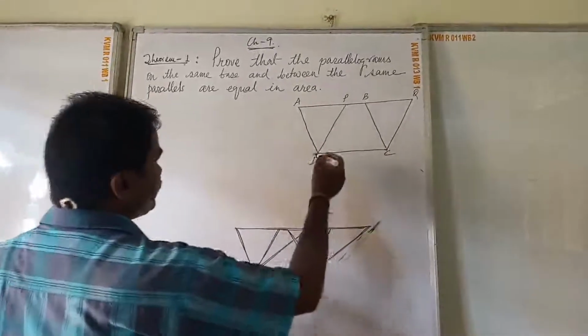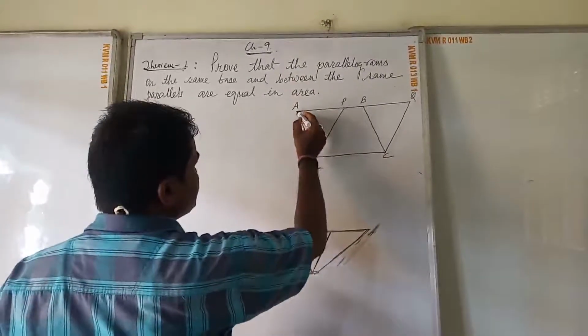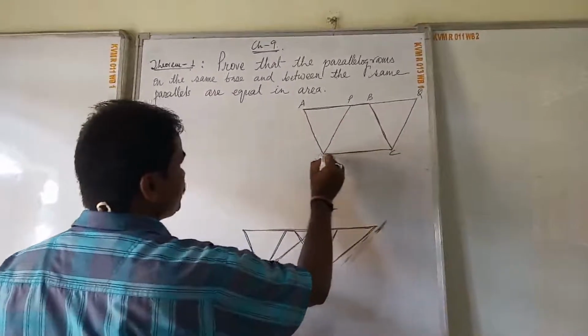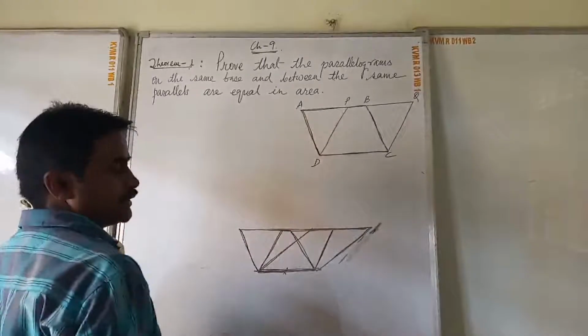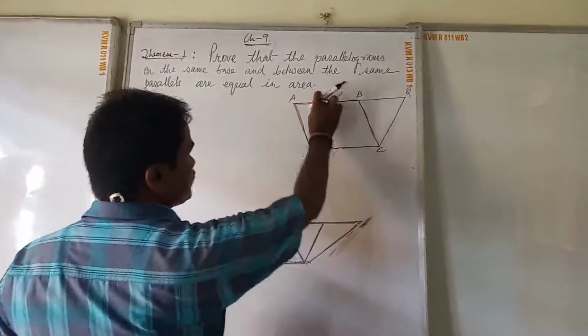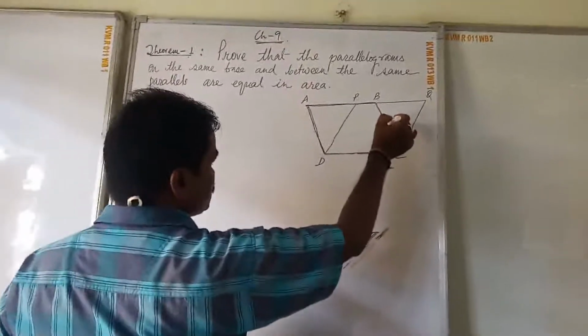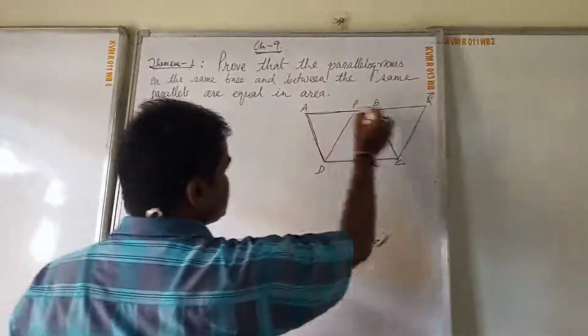So I have taken here two parallelograms. You can see here A, B, C, D. This is one parallelogram, ABCD. This length AB is equal to this length. AD is equal to BC, because they are lying between the same parallels.